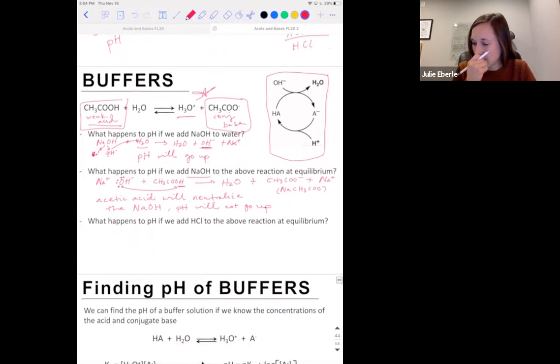Okay, now what happens to pH if we add HCl to the above reaction at equilibrium? So we have HCl. Which component of this buffer system up here, this one or this one, will react with HCl? The weak acid or the conjugate base?